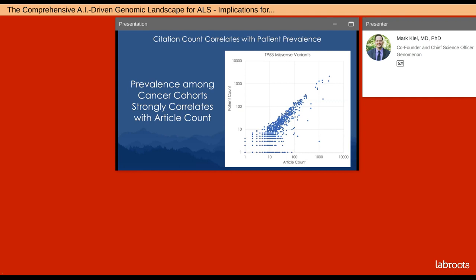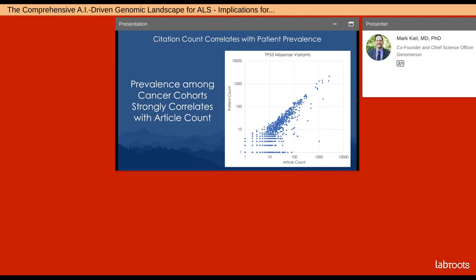And so that allowed me to think a little bit more about the ability of our data in the ALS genomic landscape to be applied in the service of better predicting the relative prevalence of gene mutations in these different genes across all familial ALS patients. And so the reason that came to my mind is we've seen that there's a correlation between the reference citations for each of these variants and the prevalence of patients with those variants across disease cohorts.